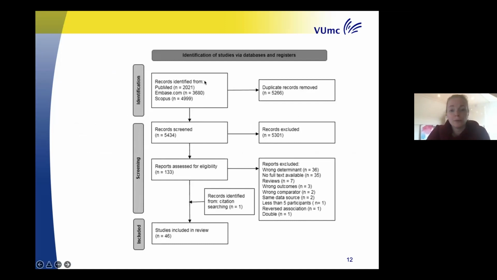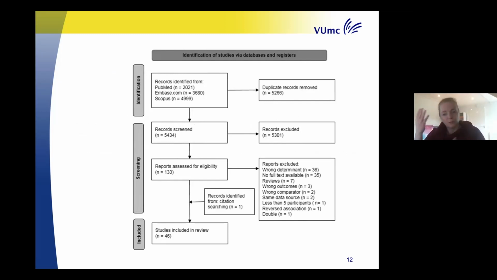So this is a schematic review of what we did. In the upper part, you see that we identified about 10,000 papers. Of course, because we did multiple databases, we had the duplicates removed. And then we screened about 5,000 papers to see which really, based on abstract and title, focus on our research question. Then we ended up with 133 papers left.